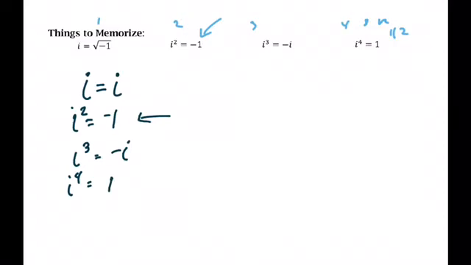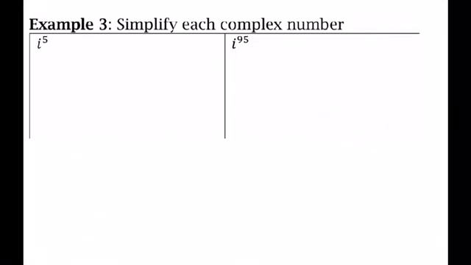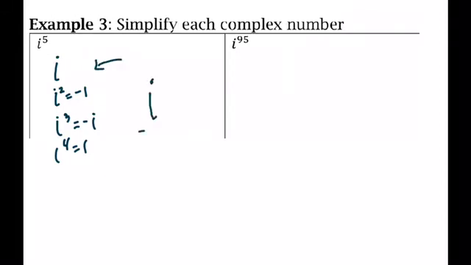So that's another way that I could do that cycle, and that actually is helpful when I get to the next problem. So i to the fifth: i to the first is i, then I've got i squared, which is negative 1, then i to the third, which is negative i, and i to the fourth, which is 1. And then i to the fifth, I'm going to come back there. So the answer to this question is i. That's what i to the fifth is.